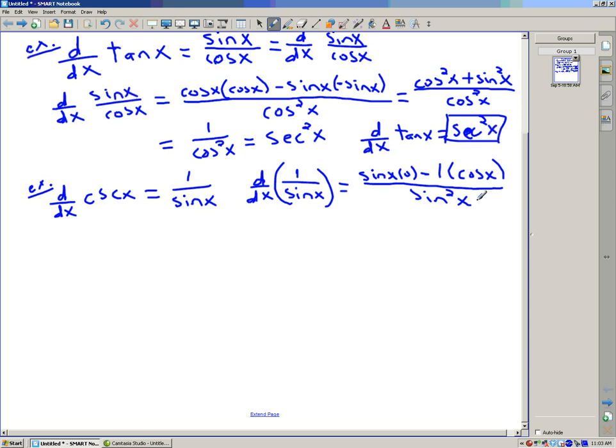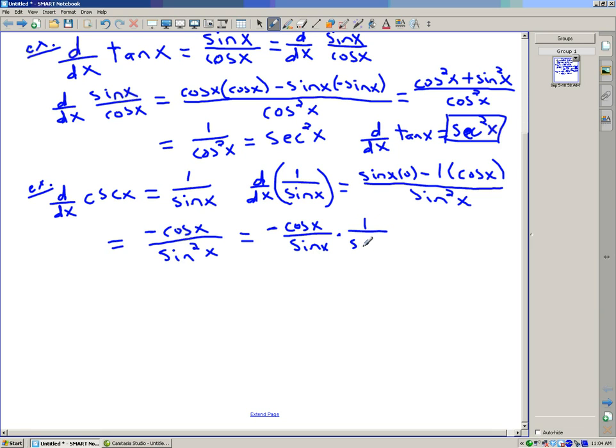All right, let's clean that up. So we've got negative cosine on top and then sine squared on bottom. And that is our derivative, but it's usually not written like that. So let's see if we can separate this into two fractions. We could write this as negative cosine of x over sine of x, times 1 over sine of x.